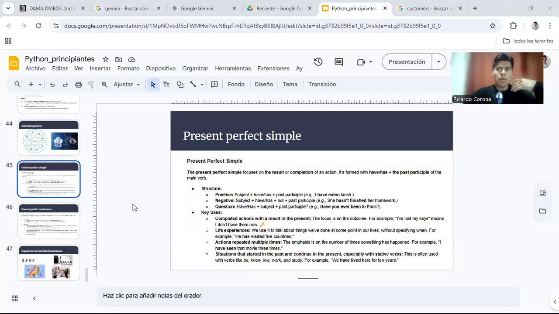In this lesson, I will review with you the present perfect tenses, first simple, then continuous, because you may ask what is the point that I need to use these tenses.